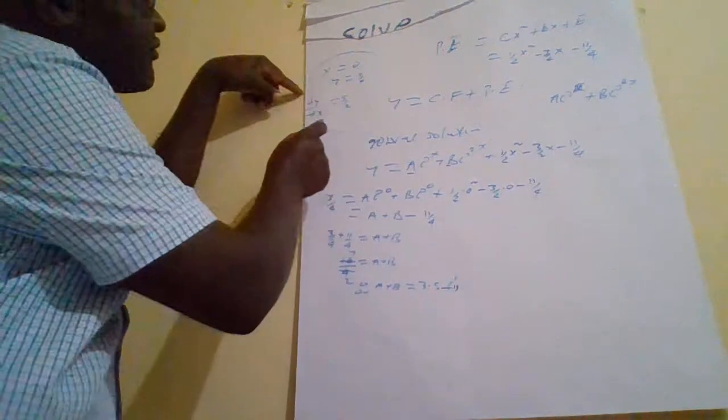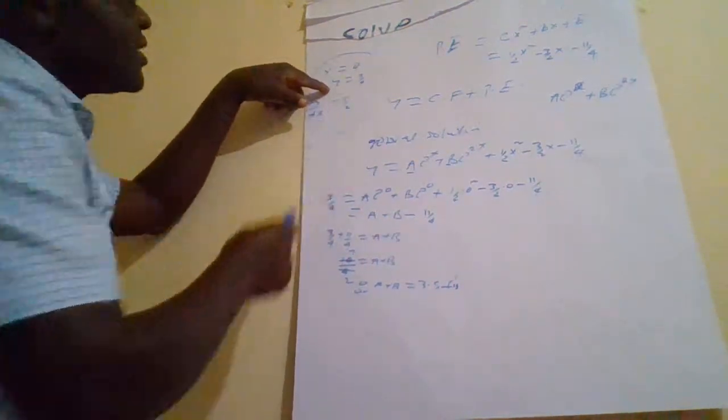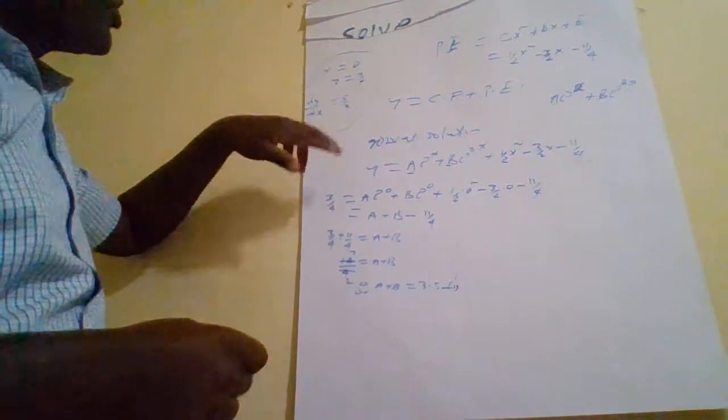We can also have the second equation. Get the second equation from dy/dx equals 5/2 when x equals 0.